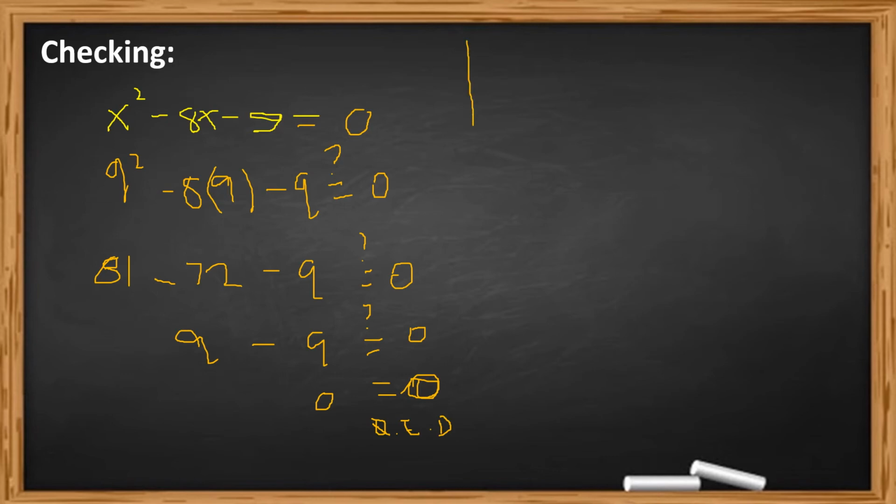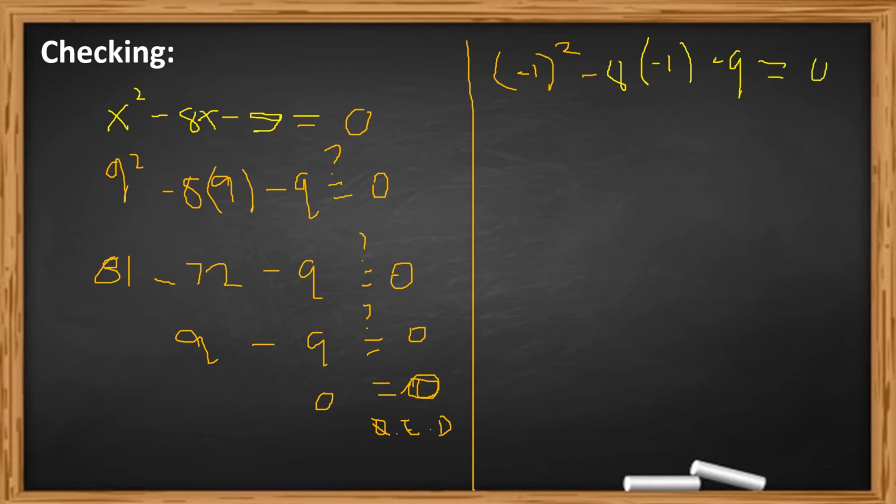Now, another value of x that we need to substitute is negative 1. So by substituting or replacing x with negative 1, so negative 1 squared minus 8 times negative 1 minus 9 equals 0.